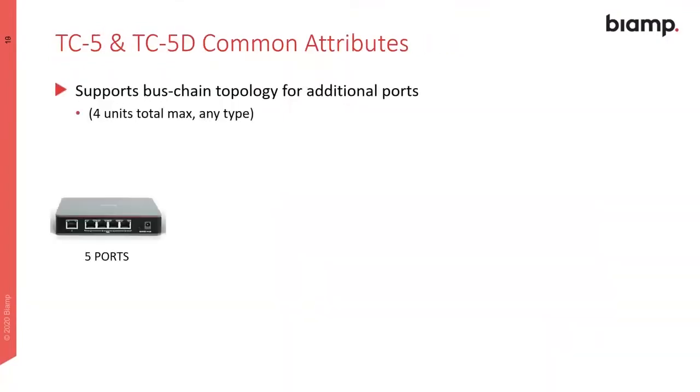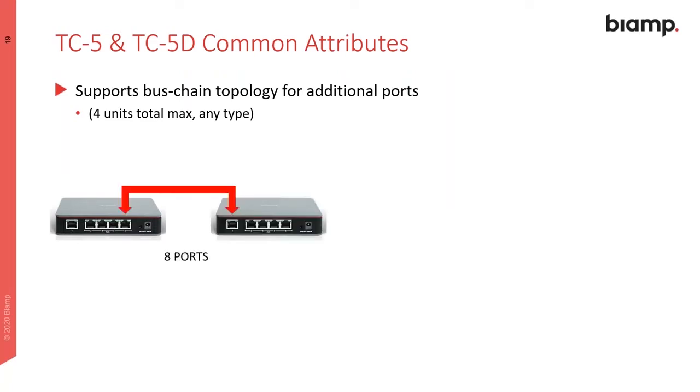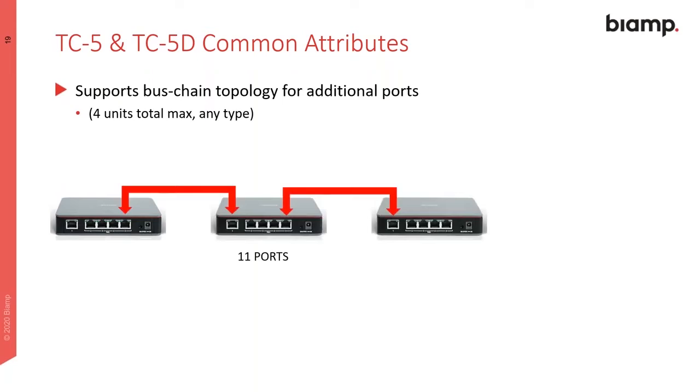Okay, and the TC5 and TC5D support what we call bus chaining, which is the correct term for daisy chaining multiple switches. So professional IT people will call it bus chaining.